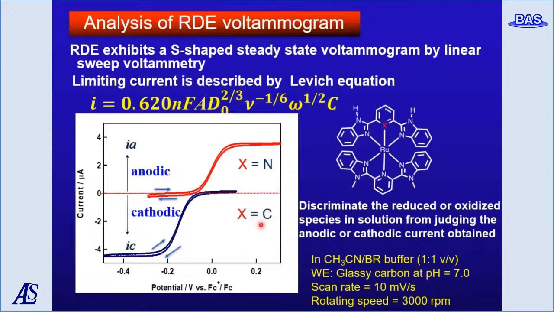Therefore, the original ruthenium oxidation state is ruthenium-3, reduced to the ruthenium-2 state. Therefore, the steady-state RDE measurements provide clear information on the oxidation state of the materials.